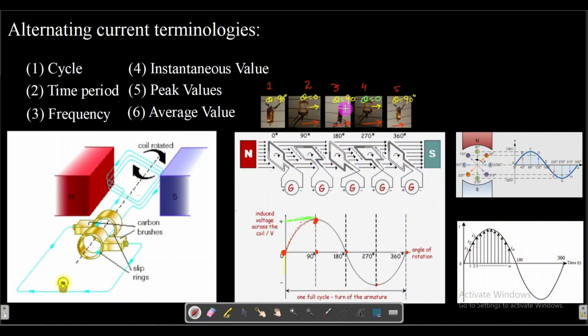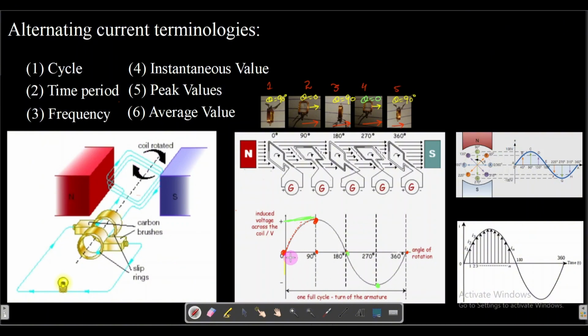Similarly, at this position the coil again becomes vertical and the EMF will be 0, and at this position the EMF will be maximum but in the opposite direction, because the opposite direction is given to us by Fleming's right hand rule.